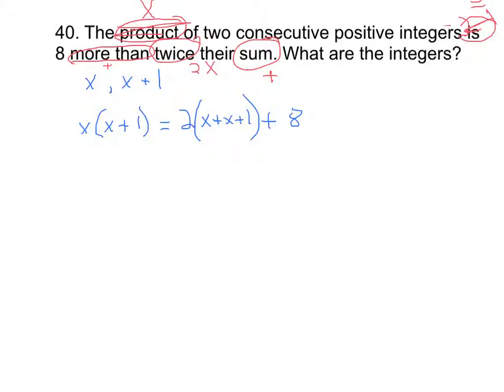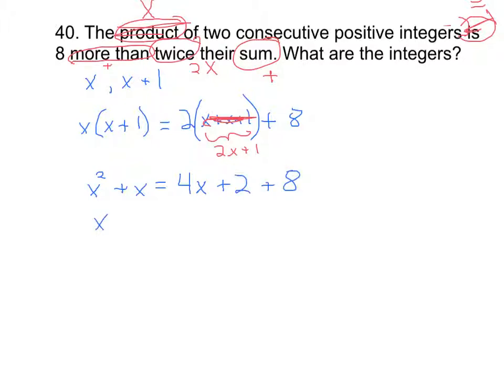So that's our equation that we have to solve, and let's clean up x plus x plus 1, and we'll call it 2x plus 1, and just get rid of that. Now let's start distributing. X squared plus x equals 2 times 2x is 4x, 2 times 1 is 2.